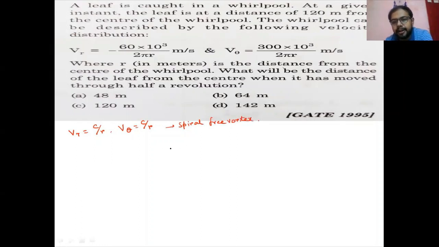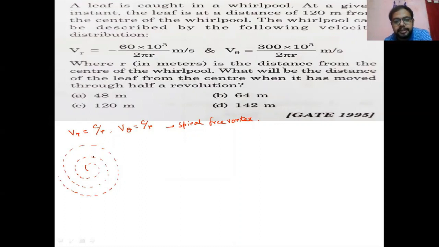This is the problem of spiral free vortex. In that kind of problem, the streamline will look like this. The streamline is in this way.